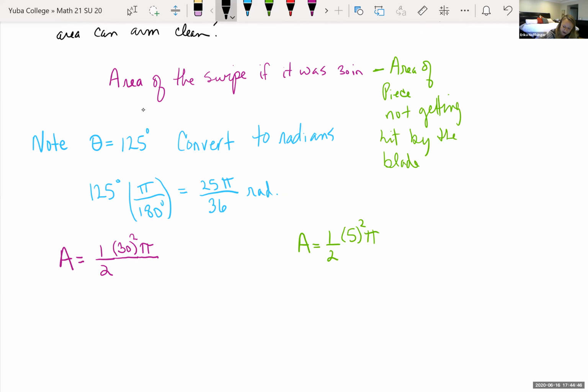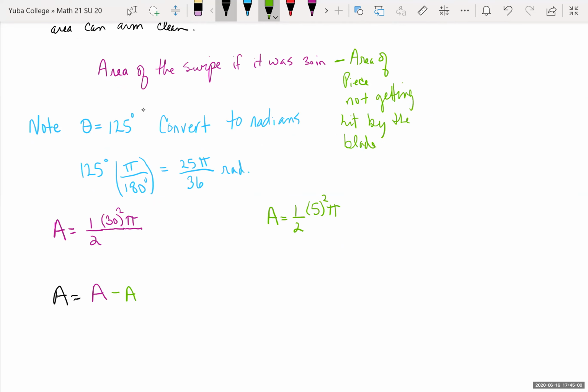So the area that we want is equal to the bigger area minus the smaller area. So the area is equal to, and I'm just going to keep it in fraction form. So 30 times 30 is 900 pi all over 2 minus, well, 5 squared is 25.